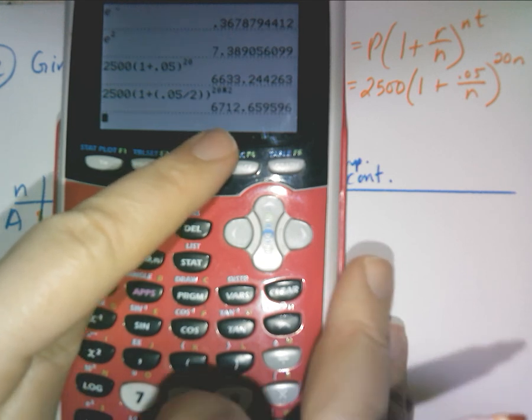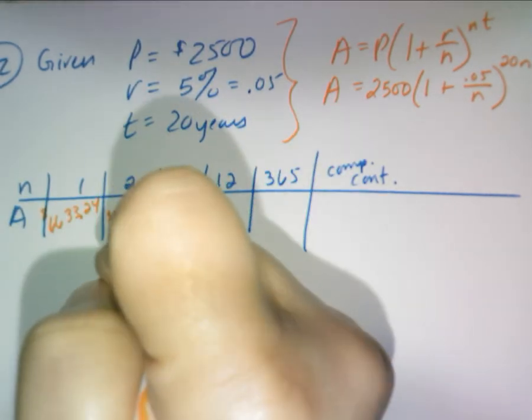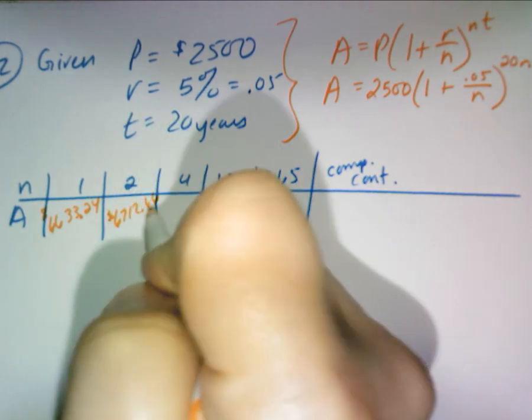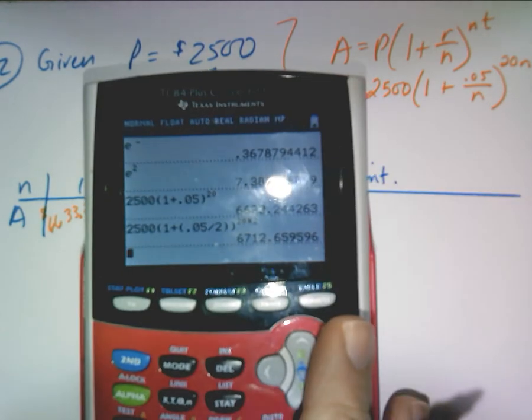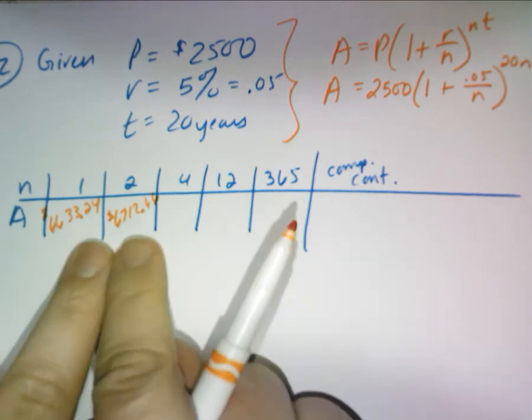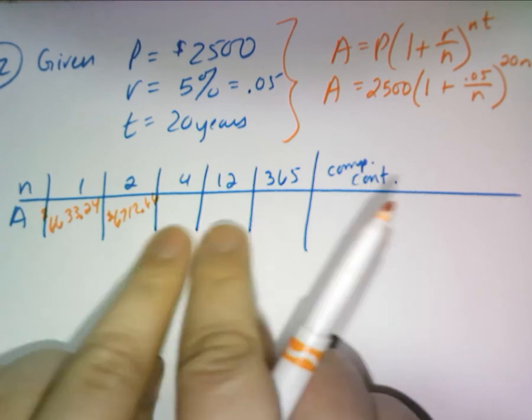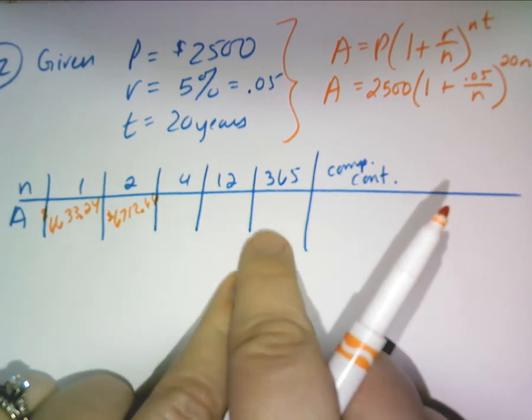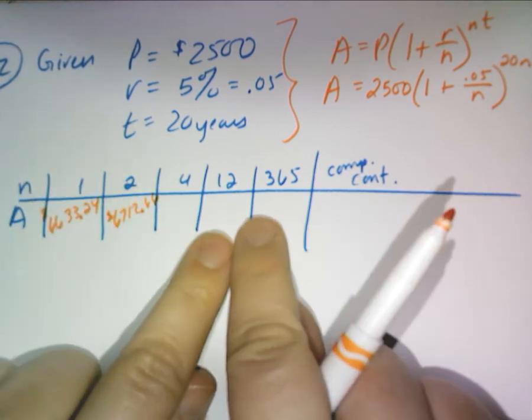I get 6,712.66. What's the first one? 6,633.24. And then et cetera. I'm assuming you can all see how I just did that one. I always do double parentheses.